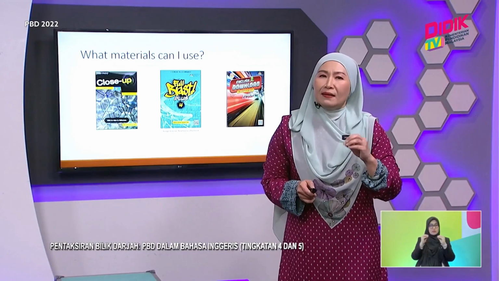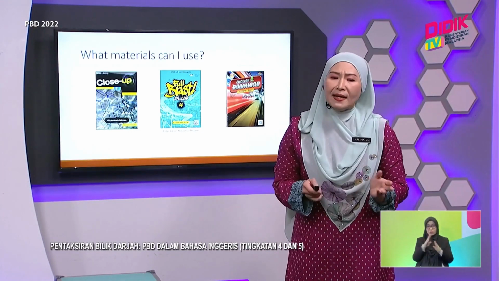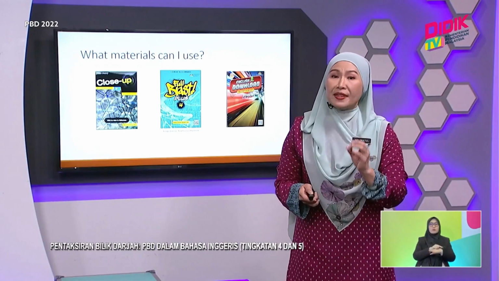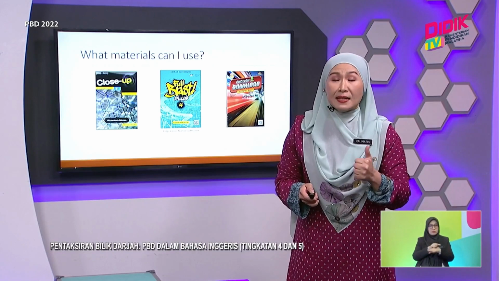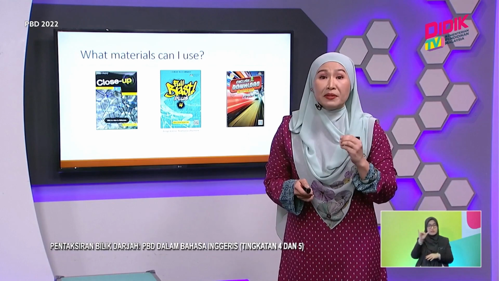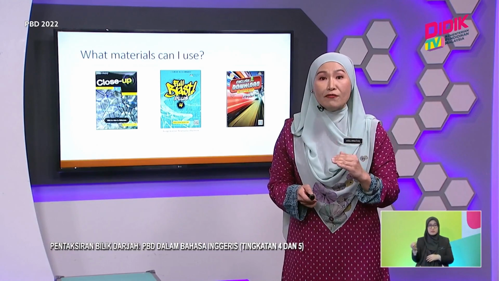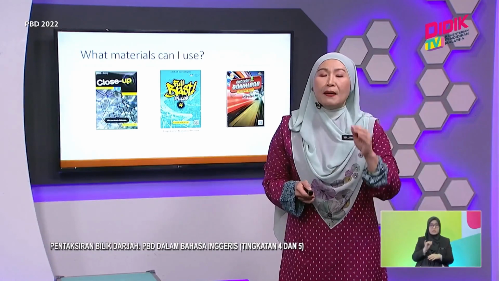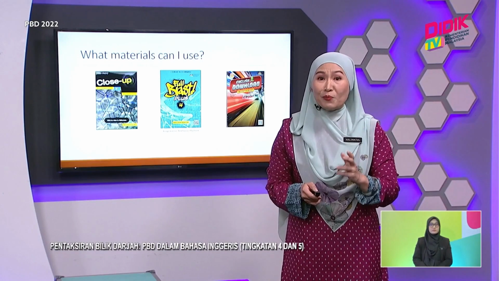If you think the text in the book is not really interesting, or you feel there's something else that you want to expose your pupils to, make sure that, number one, the material you use will reflect the learning standard, and more importantly, number two, check that the material is relevant to the level of the pupil you are going to teach. So for Form 4, it has to be at B1 level, low to mid, depending on your pupil's abilities.